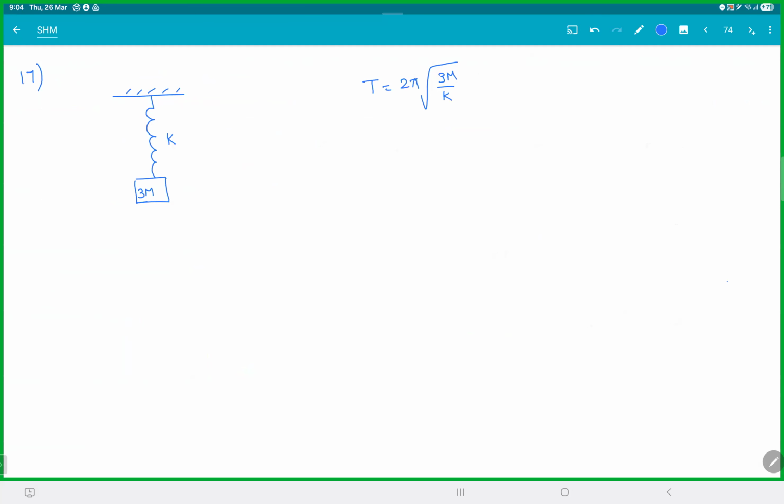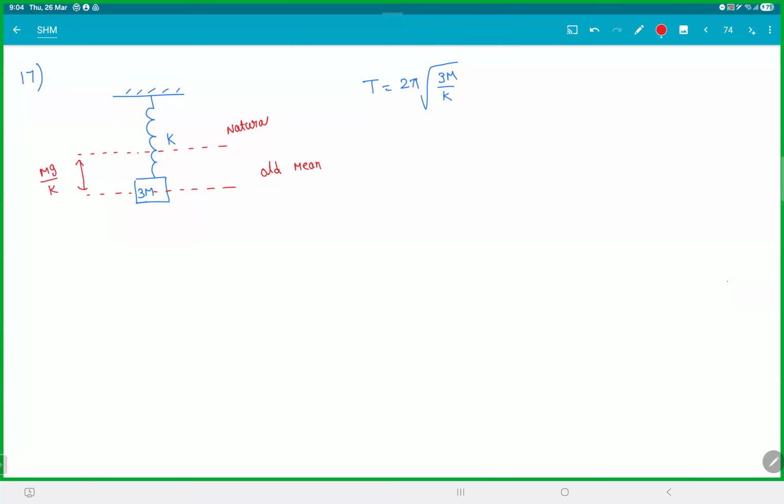Now, the next part, you want to get the amplitude. There's a very neat way to do this. Let's try to understand. This is your natural length initially, right? This position was your old mean position. I'll call it old mean. And this distance was mg by k because initially kx was equal to mg.